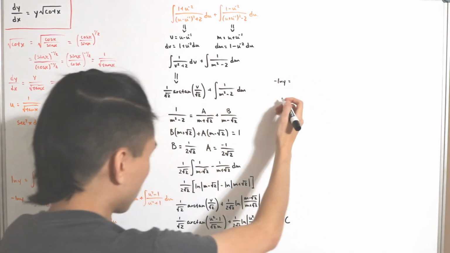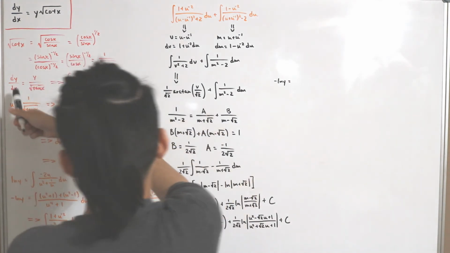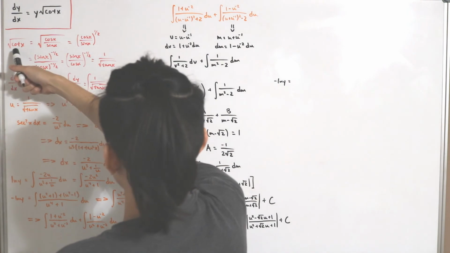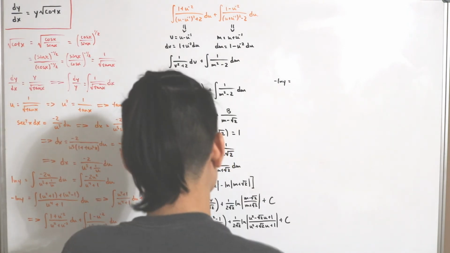So negative ln of y equals this whole thing, but we substitute back for u. We said u is equal to this, but we also rewrote it, because this was equivalent to the square root of cotangent x.